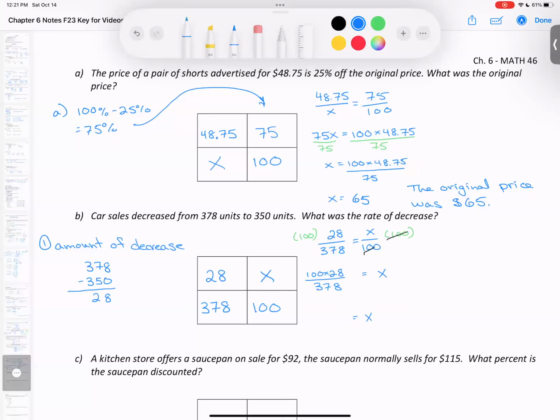And what does that give us? If we round to the nearest tenth, we get 7.4. So the rate of decrease, or the percent of decrease, was 7.4%.